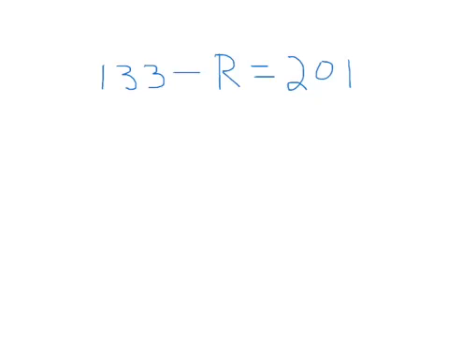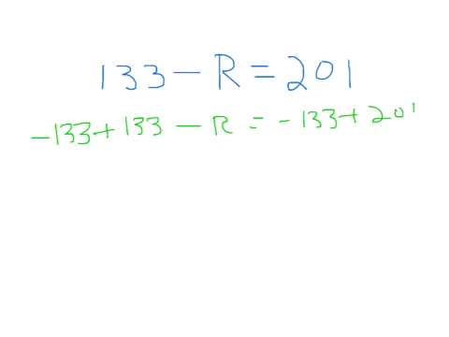And this one's going to be a little more complicated. It's going to take us a couple of steps. But we're going to add a negative 133 to both sides. Okay? And so right here, this becomes 0.